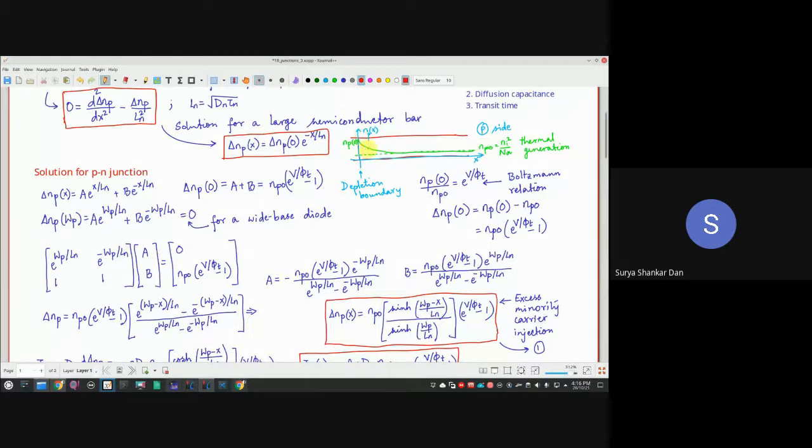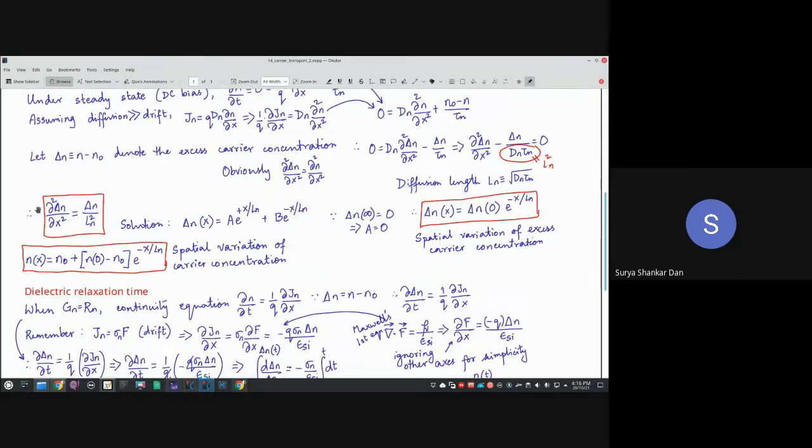However, the difference between n_p(x) and this, that I shall put as delta n_p, is defined as n_p(x) minus n_p0. Okay? So this difference, what is this? Excess minority carriers. That is what we had done in our previous lecture also. You see, what was this delta n?